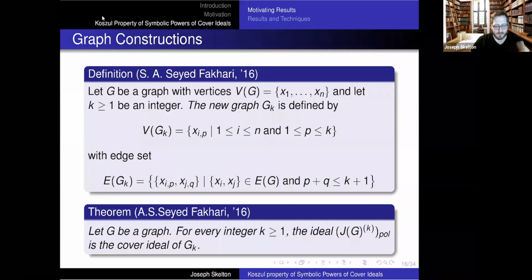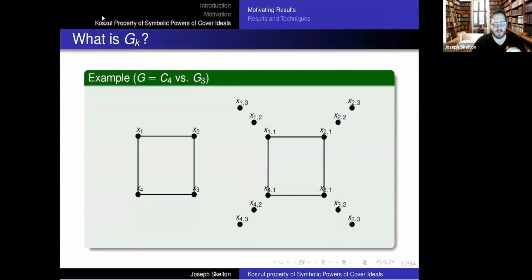What this looks like, because this definition can be kind of confusing: if I want to take C4 and find G3 of this graph, I'm going to copy each vertex 3 times and give it a secondary index just to keep track. Then because x1 and x2 were connected originally, there are edges connecting these under the condition that the second index is at most 4, which means I can also connect these.